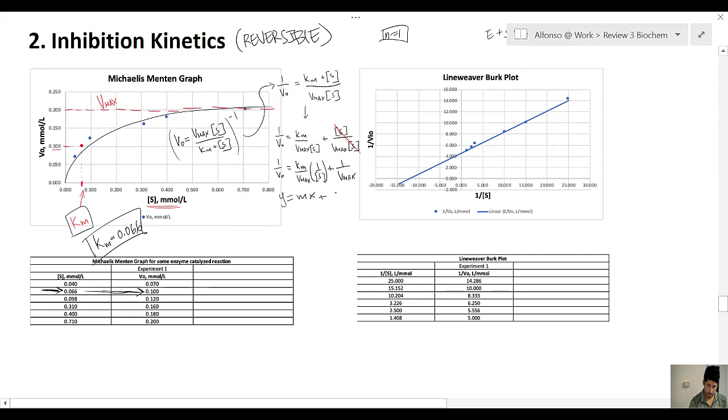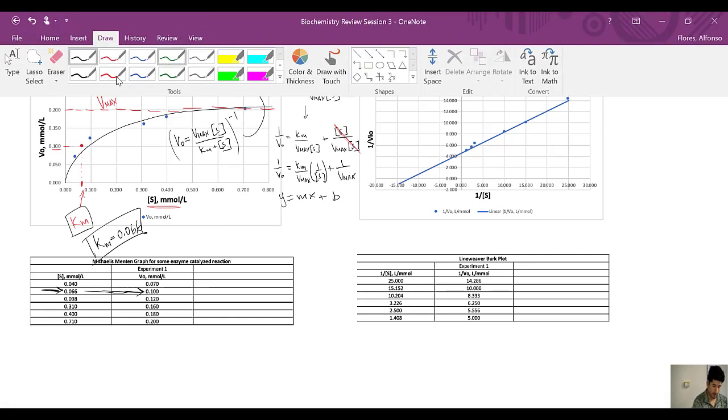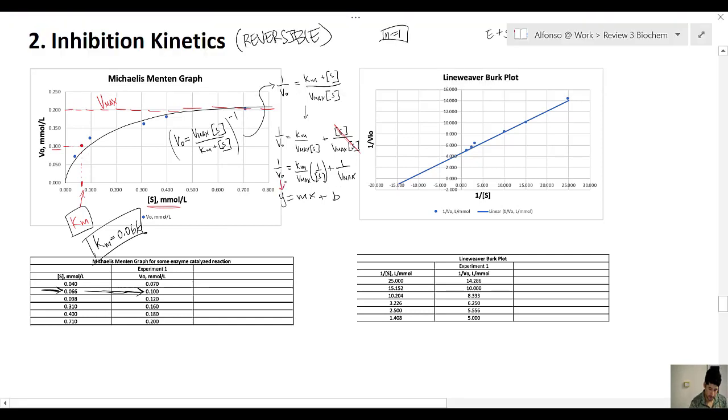And if you see what we have, we now have the equation of a line in the form of y is equal to mx plus b, where 1 over initial velocity is your y, Km over Vmax is your slope, x, your independent variable, is equal to 1 over substrate concentration, and your y-intercept is equal to 1 over Vmax. The reason why we take the inverse of the Michaelis-Menten velocity equation is so that we can get a Lineweaver equation.